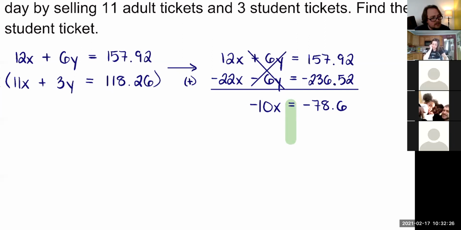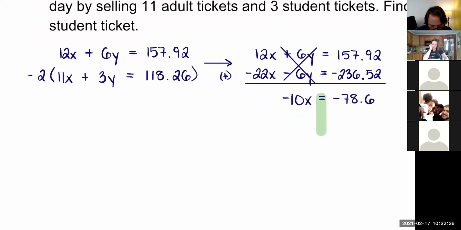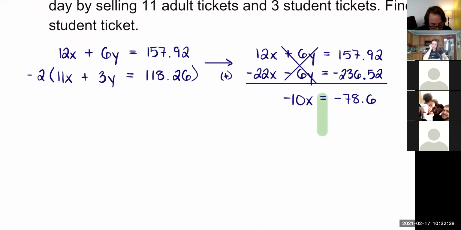Hey, Josh. I got 157.92 times negative 2, and I got negative 315.84.